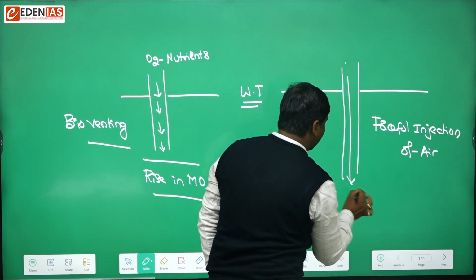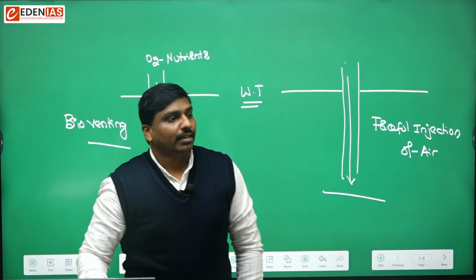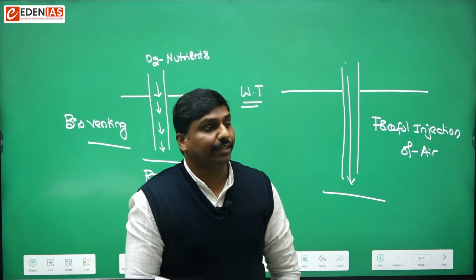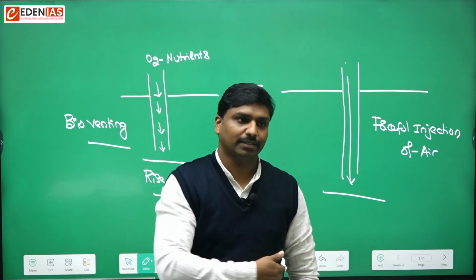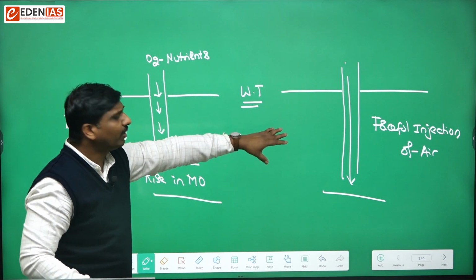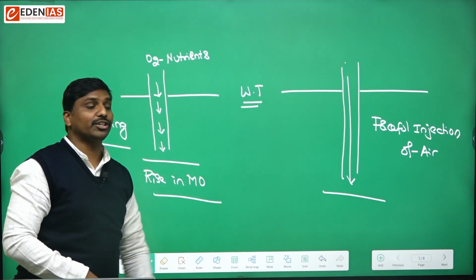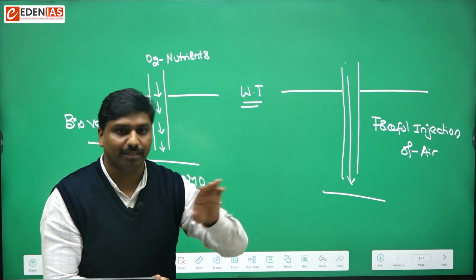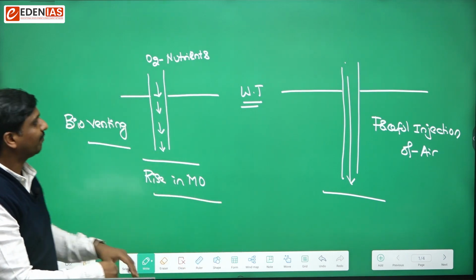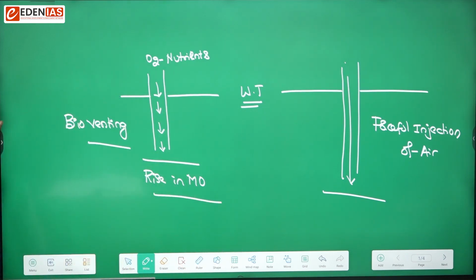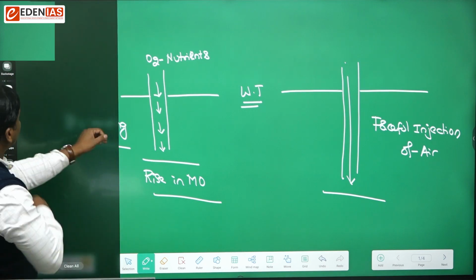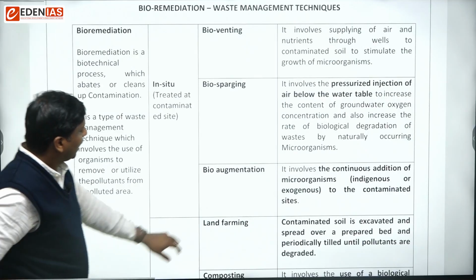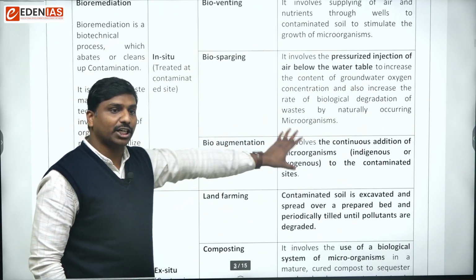So this raises the availability of oxygen there. Here we won't make vents, we will use some engineered equipment for that injection of air below the water table. So that is biosparging.